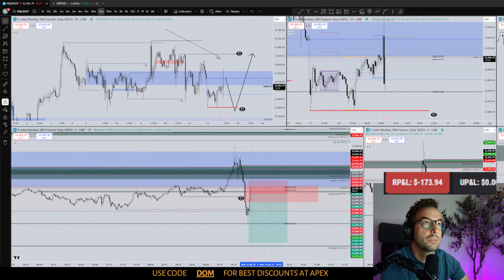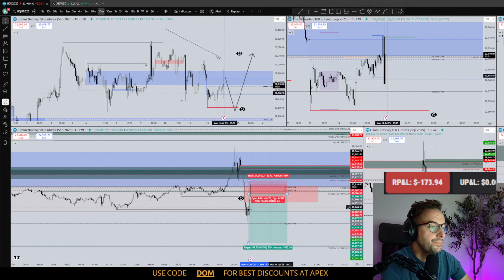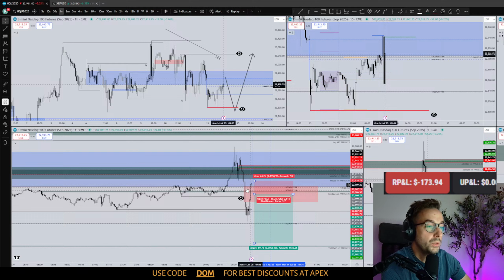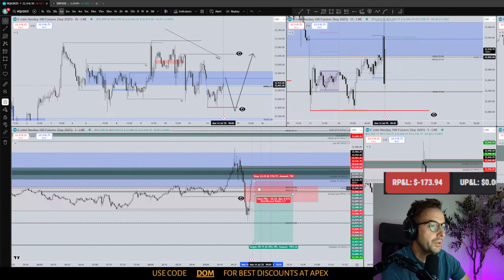Will the bearish breaker hold price? So closed above it. Not great.